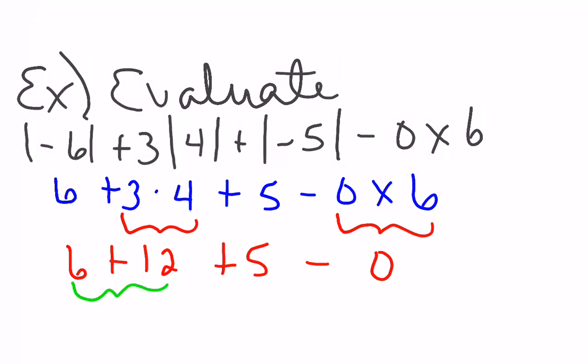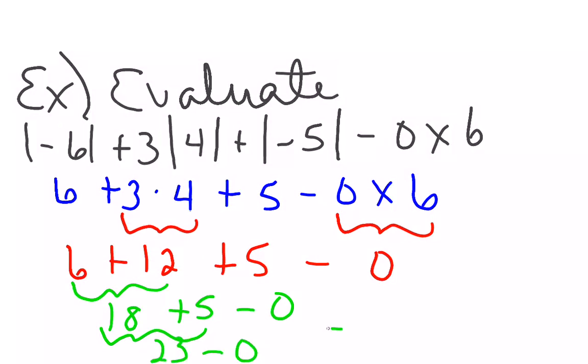So we do 6 plus 12 gives us 18. And then we do 18 plus 5. And again, on these ones, if you want to use your calculator to double check your mental math here, you can. We get 23, and 23 minus 0 is 23.